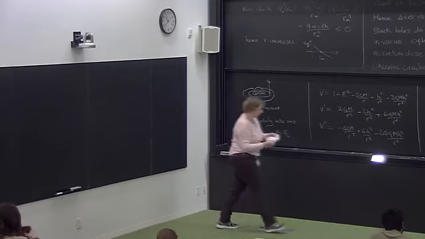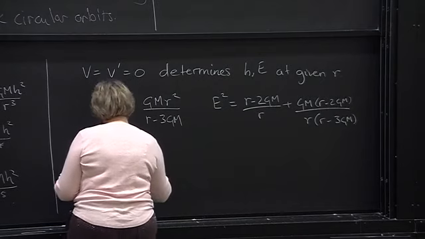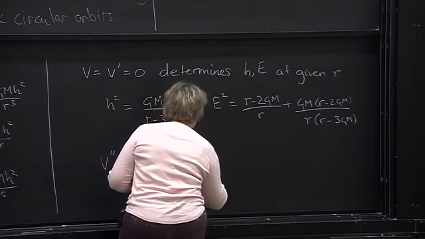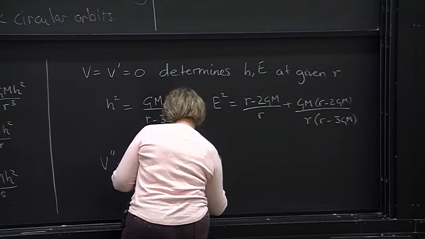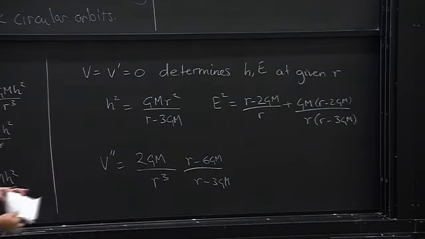So let's evaluate V double prime at this place. In terms of our circular orbits, if our circular orbit is outside 6GM, V double prime is positive, and so that tells us we have a stable circular orbit.